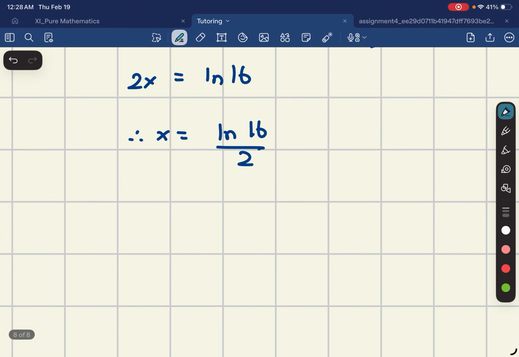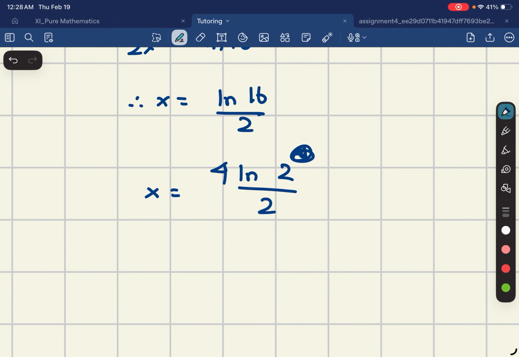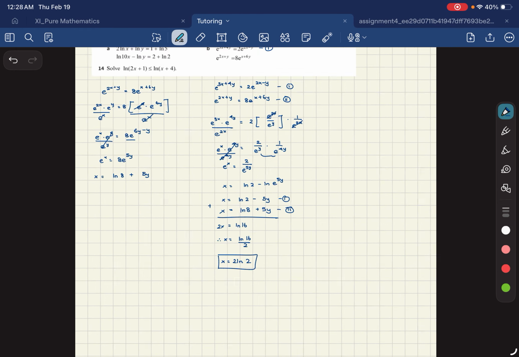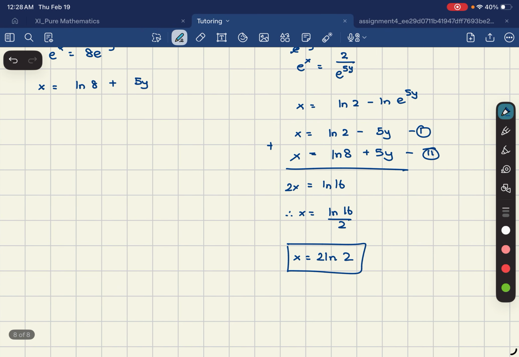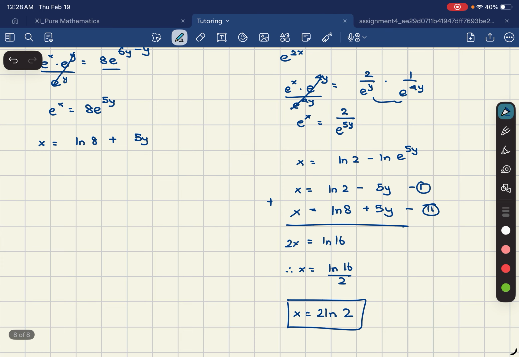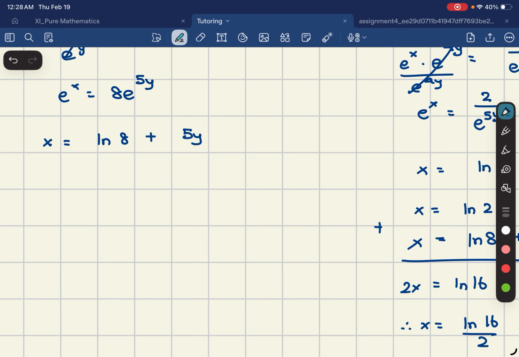And we can simplify this further because, again, 16 is just 2 to the power 4. So when I bring this 4 to the front, I have 4 divided by 2, that is just 2 ln 2. That is your x. And my y is going to be, 2 ln 2 is equal to ln 8, which is 3 ln 2, right, plus 5y.